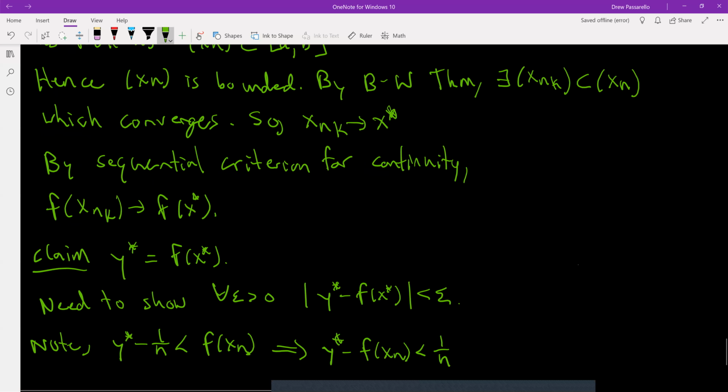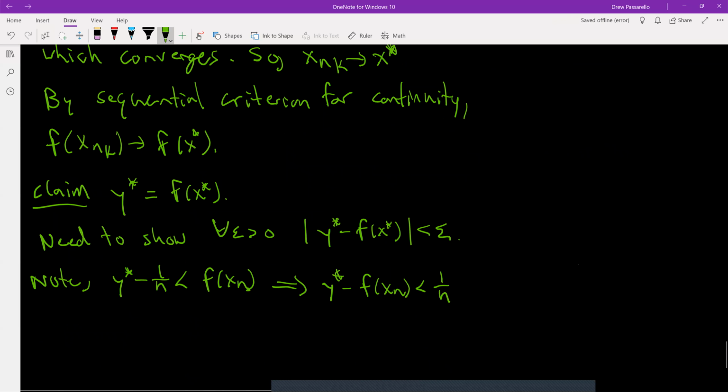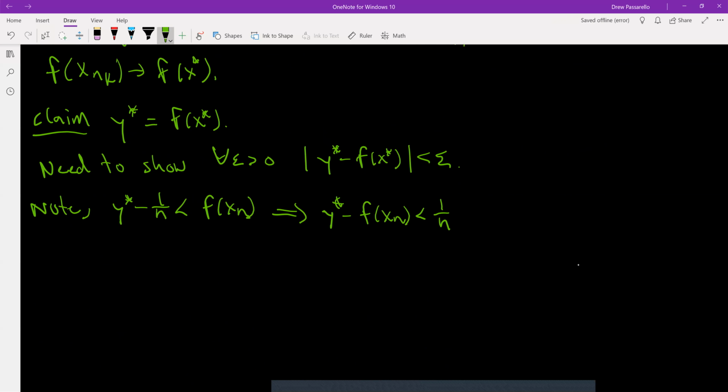All right, because we established that earlier, because y star minus 1 over n is not an upper bound, that means there's got to be some x that's bigger than it, that might possibly be the supremum, but we let that be a sequence of values of f of xn.